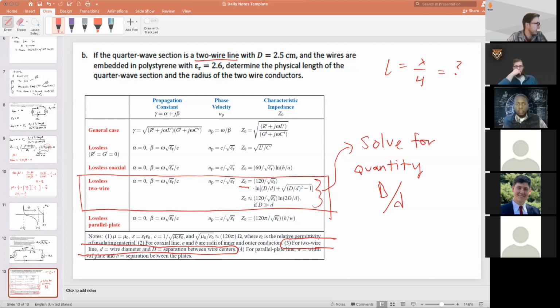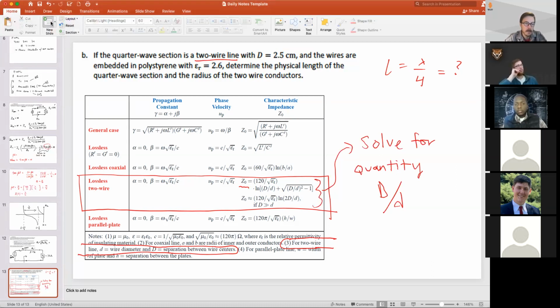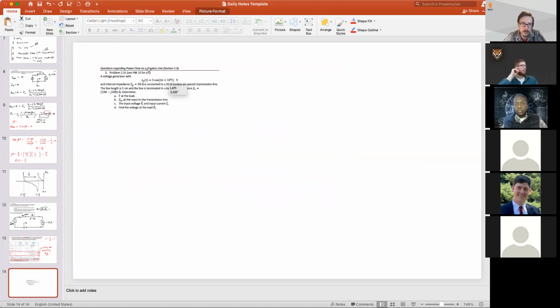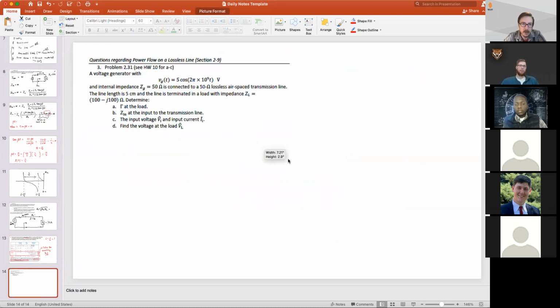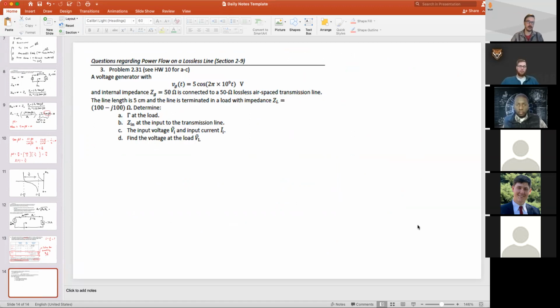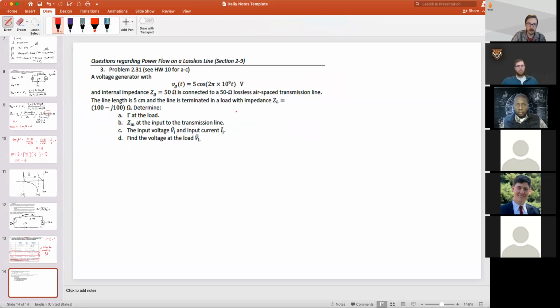Then I'm just going to try to walk through these a little bit quickly here. This one is very similar to the ones that we've seen over and over, in terms of how we've built up what we know about transmission lines. First we started pretty simple, just looking at reflection coefficient and voltages.